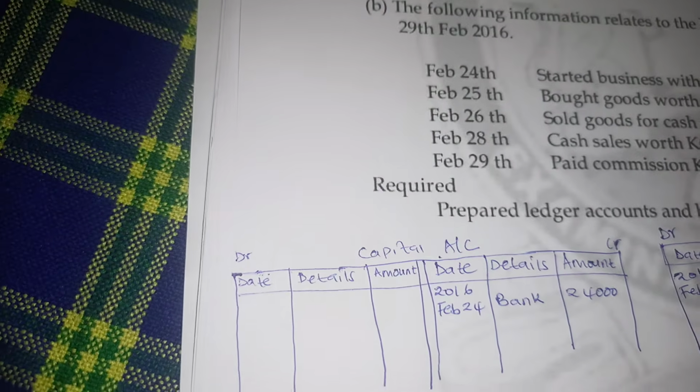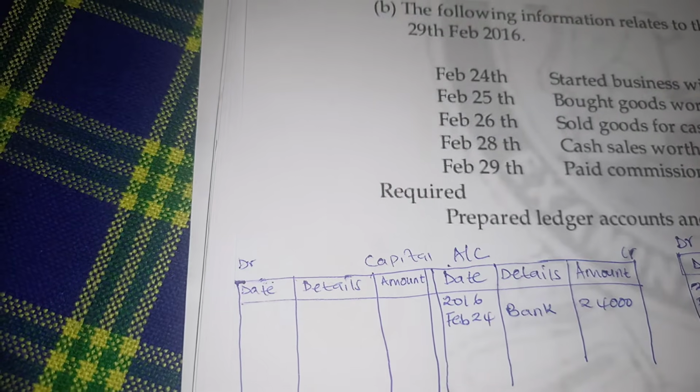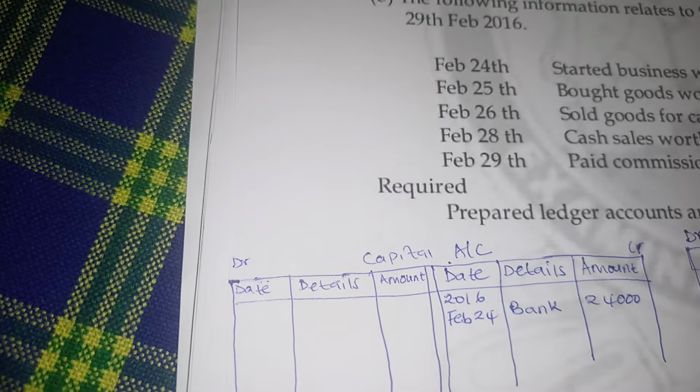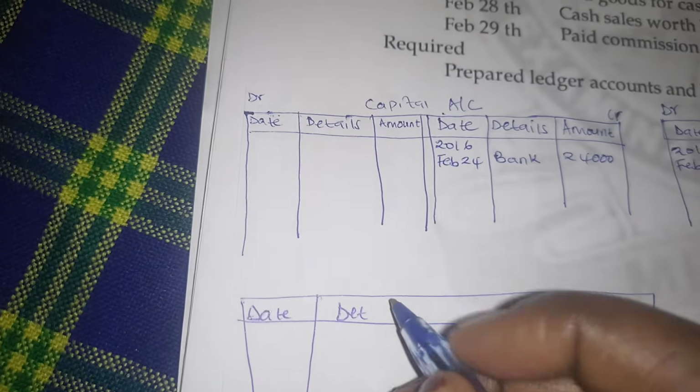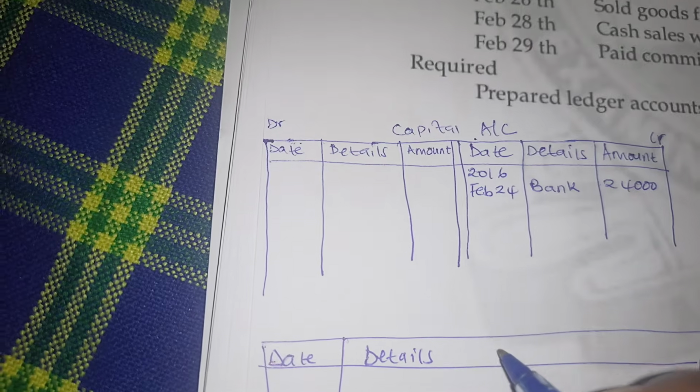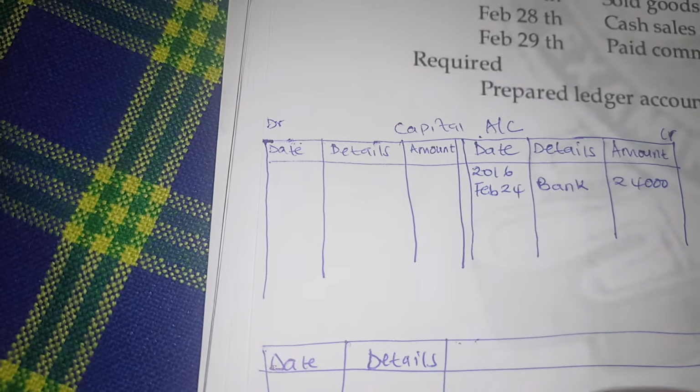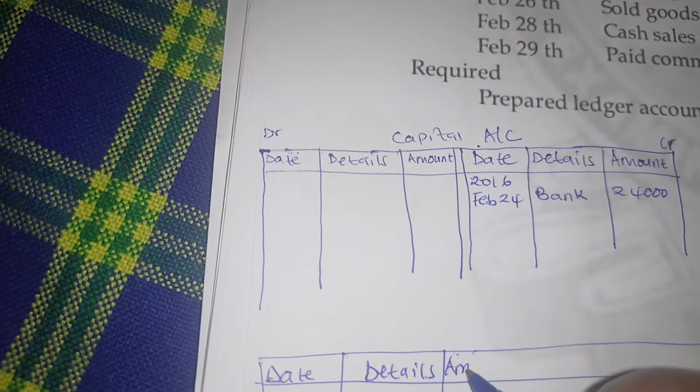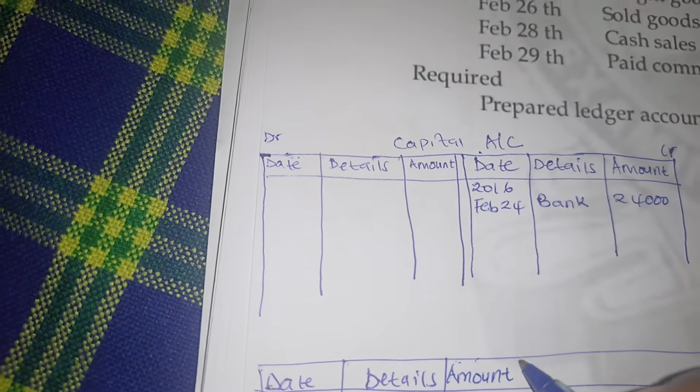So here you have the date column, the details, and the amount.